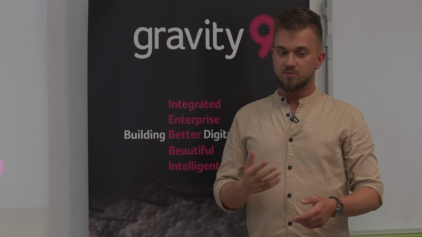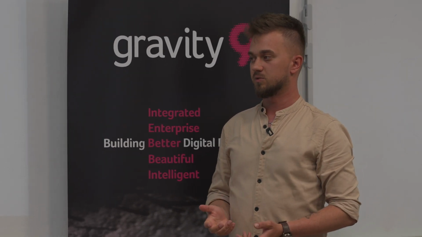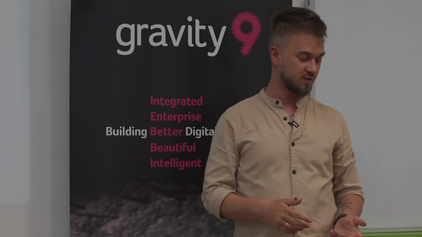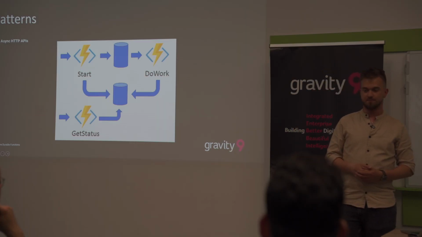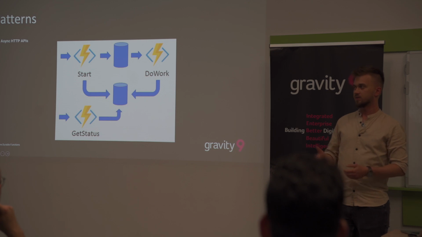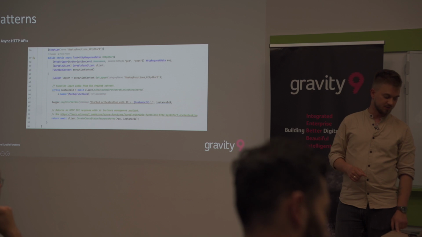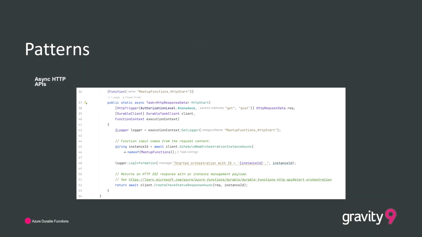Thanks to that, you don't need to implement the whole difficult logic behind the scenes that you would need to get the information whether this operation is finished or not. You would probably need to write it somewhere yourself, save the state, whatever you need. With durable functions, you just write the function that starts orchestration.